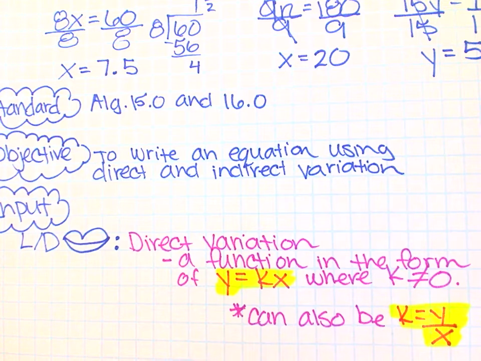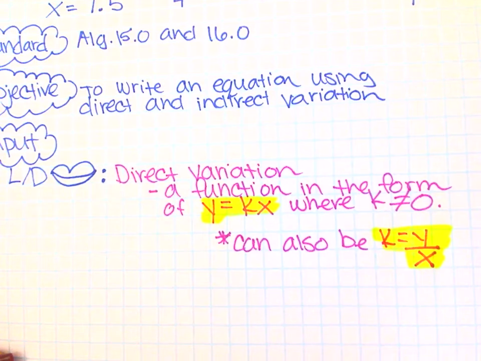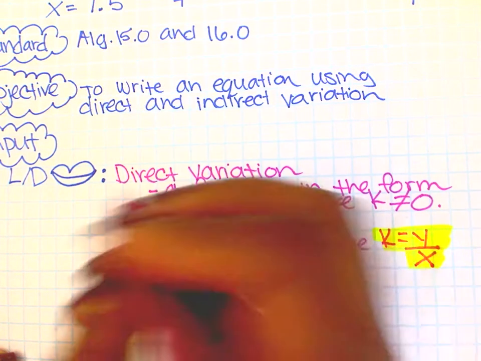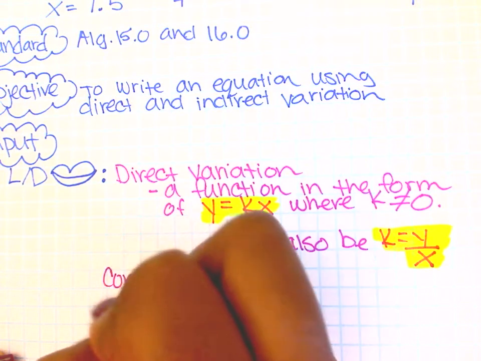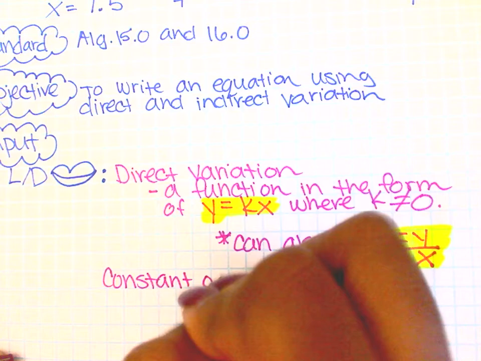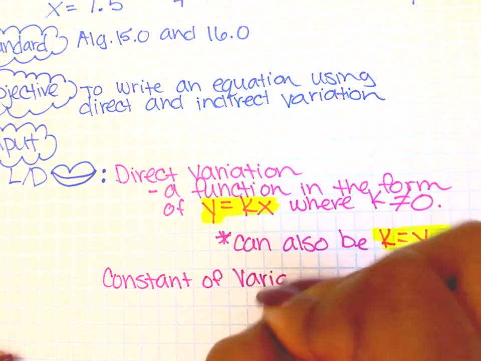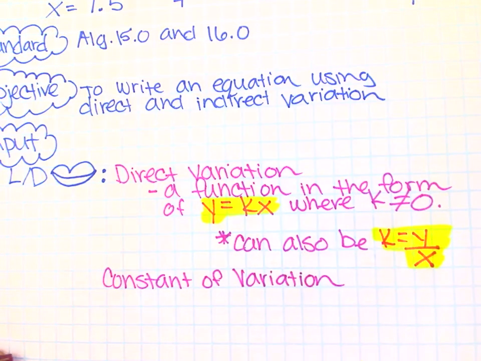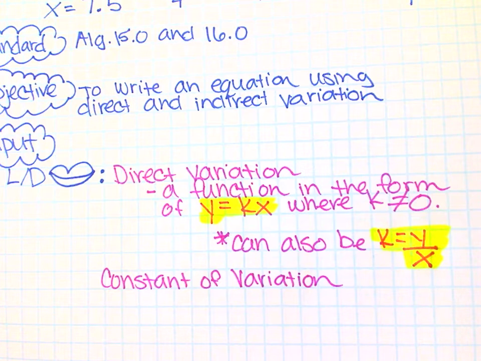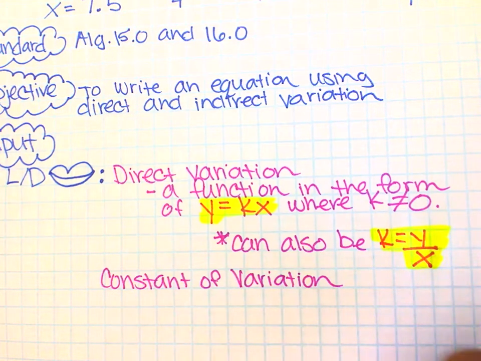Very good. Okay, our next word is going to be constant of variation. Our constant is k in that situation.